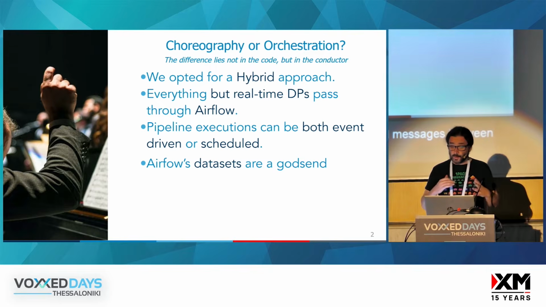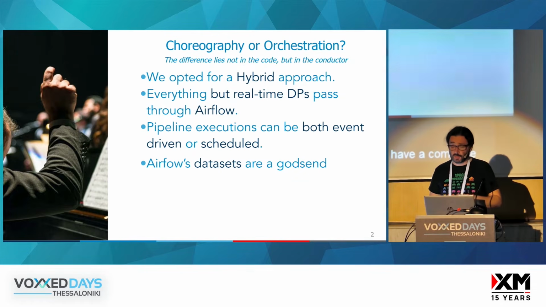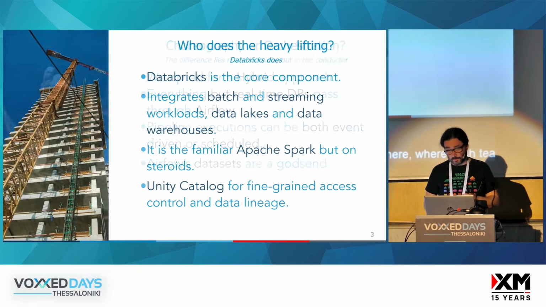This can be achieved easily using an Airflow implementation, and we've done this so we can have a complete overview of the state of our data products. So each team doesn't control its own orchestrator. We have a single orchestrator doing everything there, where each team is responsible for creating the relevant things.